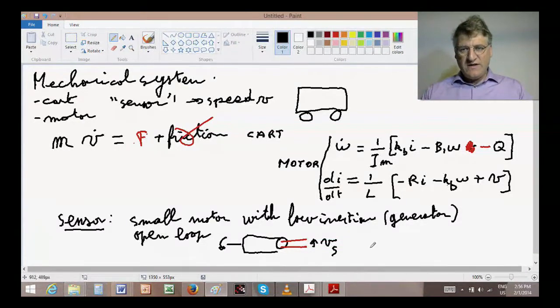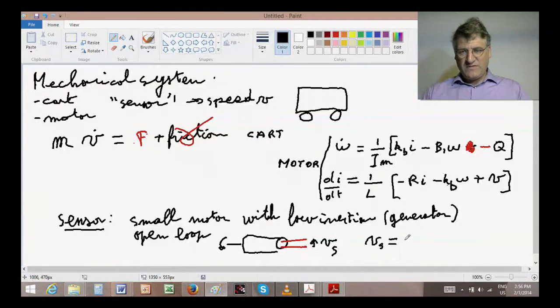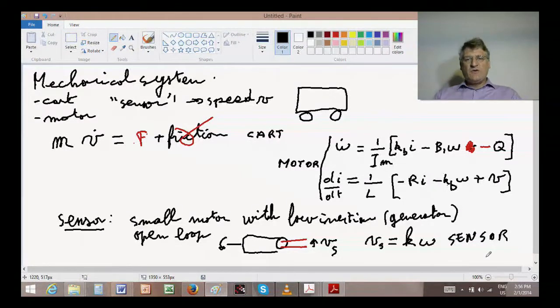It turns out that the voltage that you measure here, voltage sub S, is proportional to omega. So we will call it K times omega. So this is, again, for the sensor. And I consider this to be the entire mechanical system.